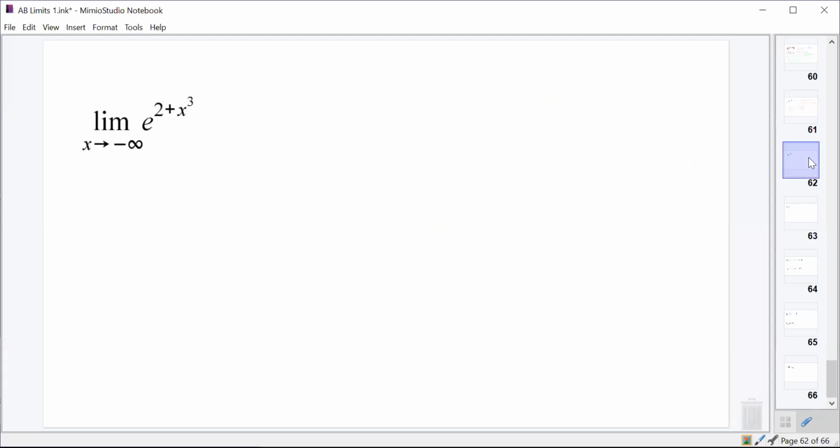All right. Last one that's exactly like this. We're going to do one more after that's similar, but if we do the substitution, I'll just do this one with you guys. U is 2 plus x cubed. And if x is going to negative infinity, what is U going towards? Should be negative infinity cubed, which will be negative infinity.